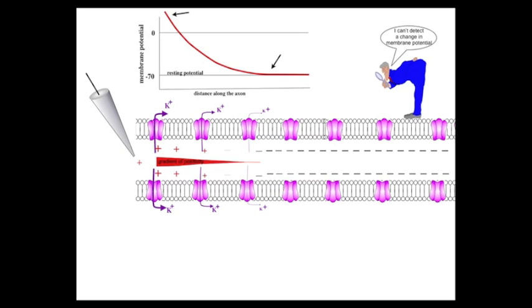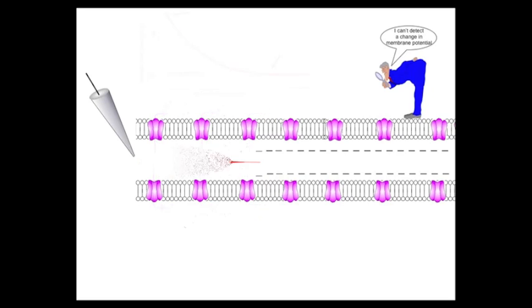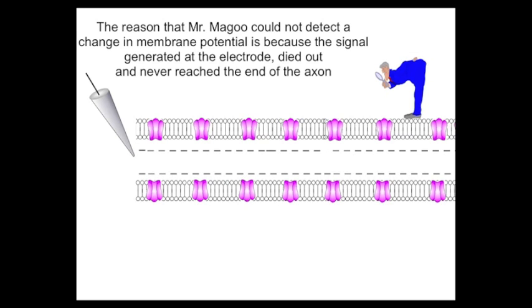And what that basically says is that all the positive charges that I've ejected into the cell have been lost by the efflux of potassium out of the potassium channels. So what's going to happen then is you're going to see no change in membrane potential after a while. And Mr. Magoo's going to stand there and he's going to say, has anything at all happened? I can't detect a change at all.